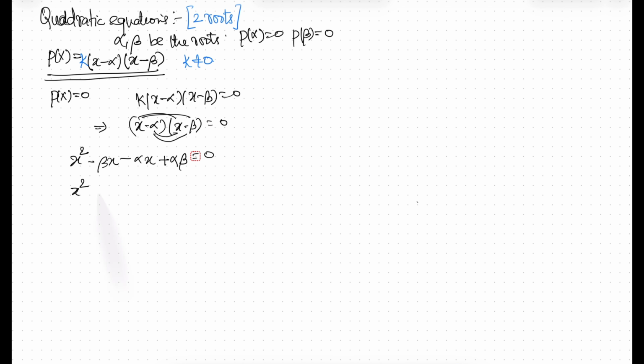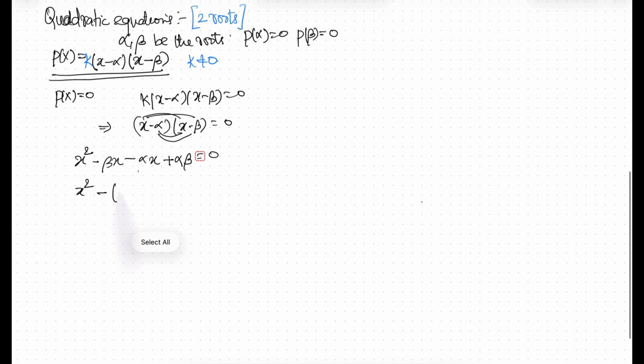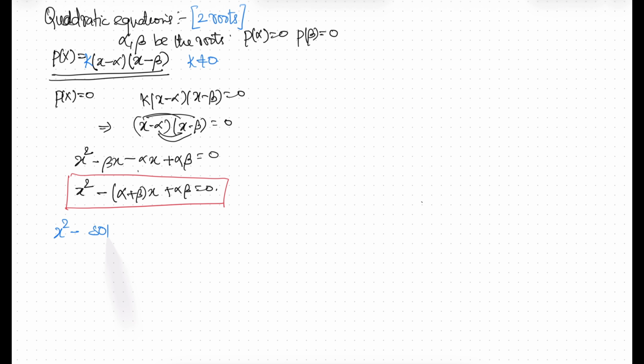For x square, I can take the negative out commonly from these two terms, so I get x square minus alpha plus beta times x plus alpha beta is equal to 0. And this is how a quadratic equation is simply formed. It is x square minus sum of the roots into x plus product of the roots is equal to 0.